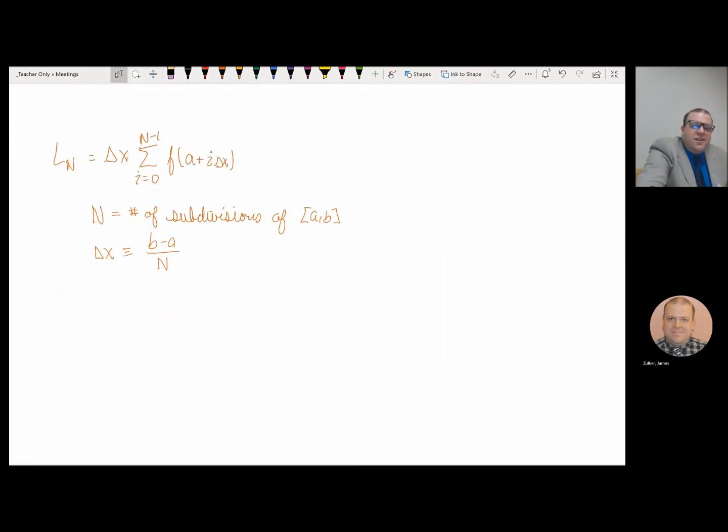New ones. Trapezoidal rule, T sub n, equals 1/2 delta x times the summation i equals 1 of y0 plus 2y1 plus 2y2, so on and so forth.